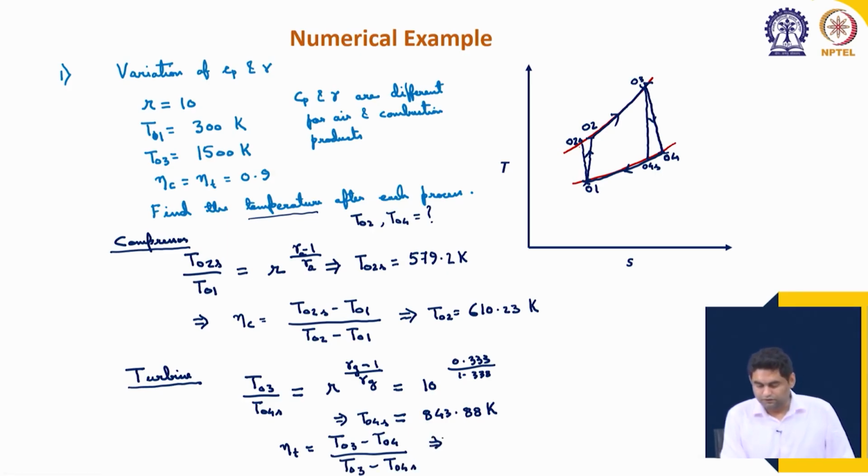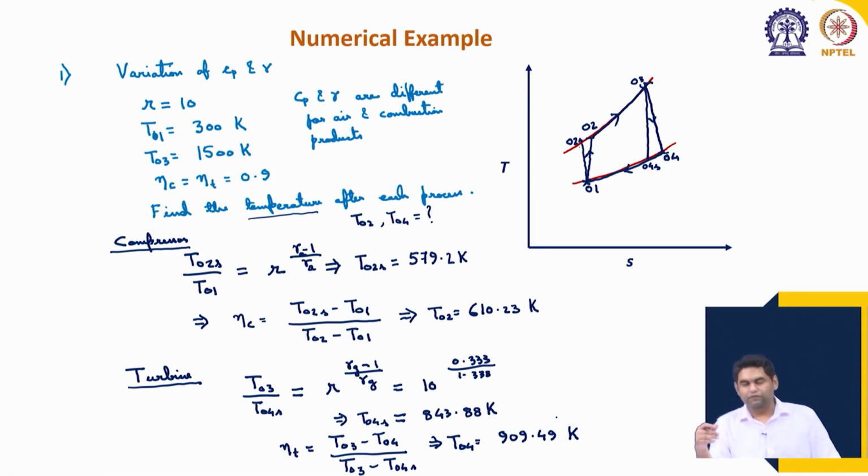This gives us a value of T04 equal to 909.49 Kelvin.